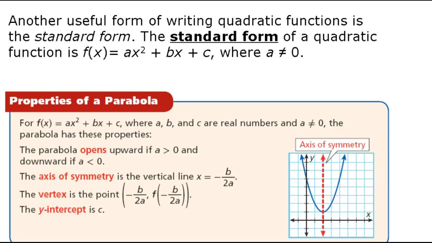So sometimes it's not in vertex form, sometimes it's in standard form. And standard form is when we have an equation that is written like this right here. f of x is equal to ax squared plus bx plus c.